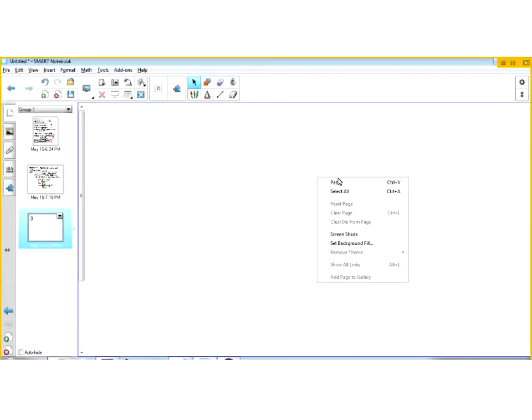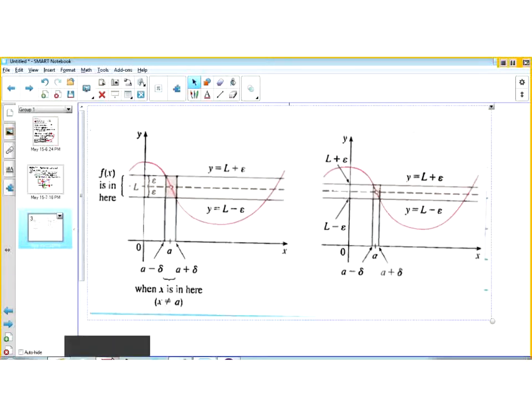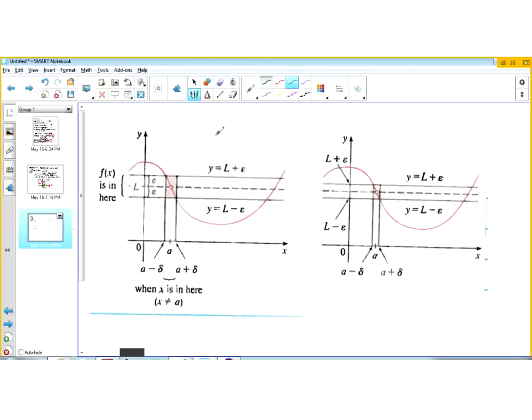So here's an illustration that reiterates what I just spent some time talking about. Again, the red curve is my function, and here's what I want to know, the fundamental concept: is this a true statement?